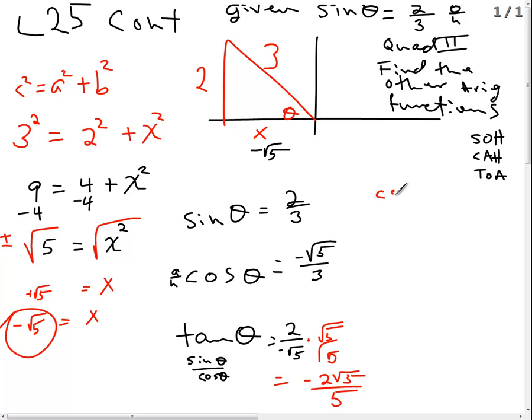Cosecant, good. So that'd be cosecant theta, right? So basically it's 3 over 2, the reciprocal of sine. And so Travis, what would be the reciprocal identity for cosine?